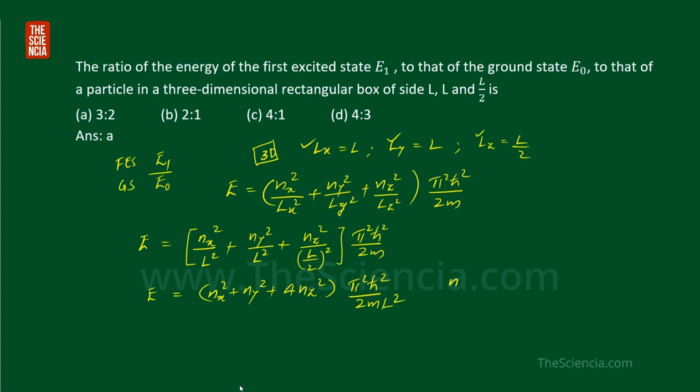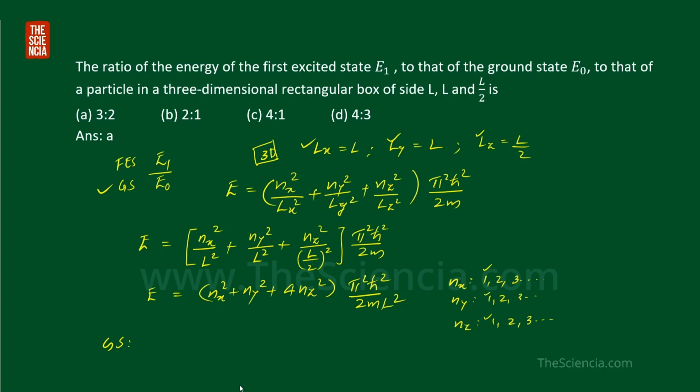And here we know nx can have values 1, 2, 3, etc., and ny can have values 1, 2, 3, etc., nz also can have values 1, 2, 3, etc. So first we have to find out the ground state. For the ground state, what will be the nx, ny, nz value? That will be 1, 1, 1, right? That is the lowest nx, ny and nz value.